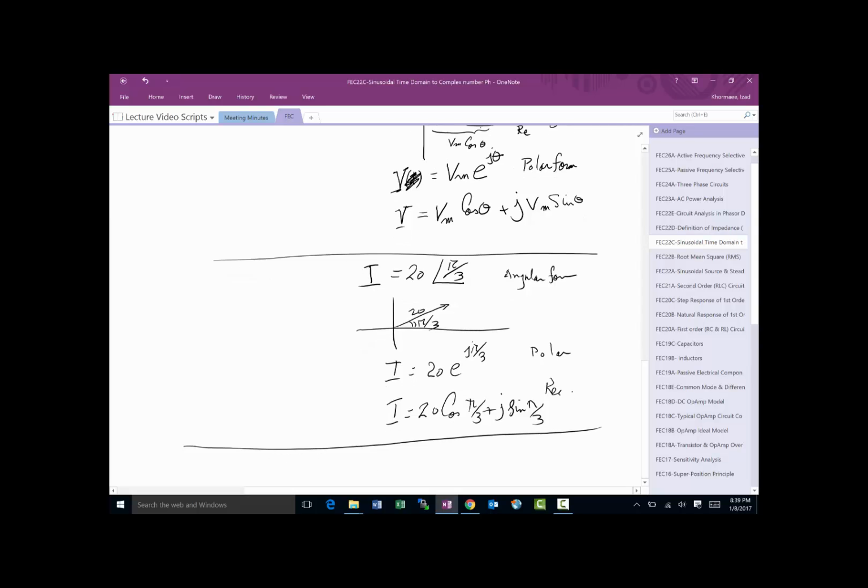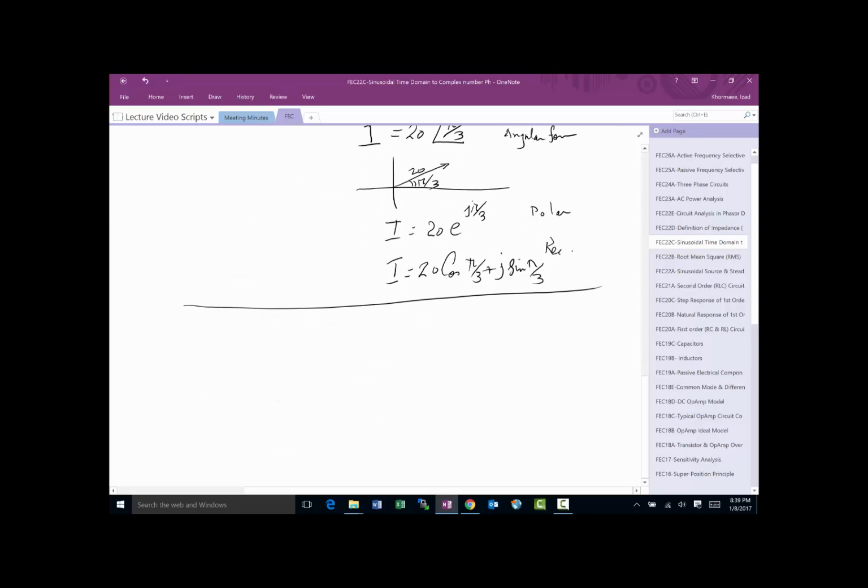Now let's do this slightly differently, and let's say they give you a value. Say we have a signal. This time, just for diversity, v is given to you, and let's say v is equal to 8.66 minus 5j.